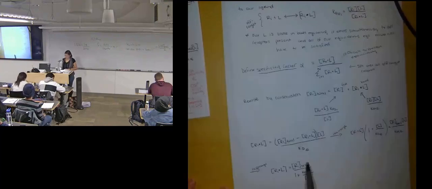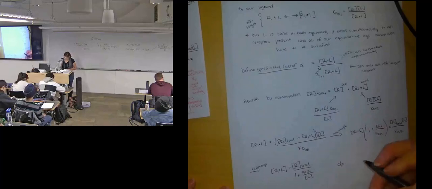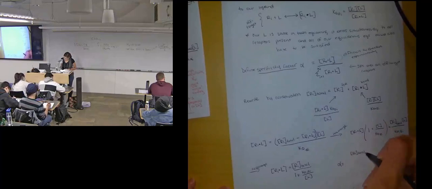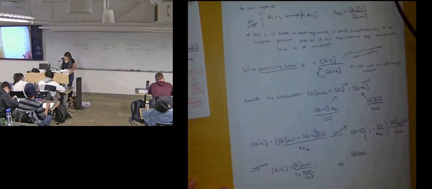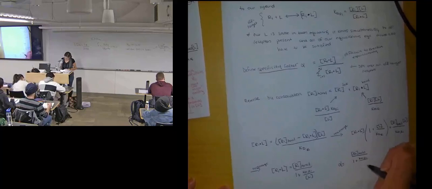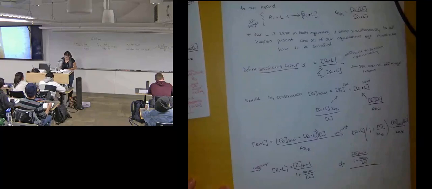Okay, so this piece here, we're just going to go back in and plug it into alpha. Alpha will be equal to our total amount of primary receptor over 1 plus the dissociation constant for our primary receptor over our ligand concentration, which again, we have control. I equals 1 to n.